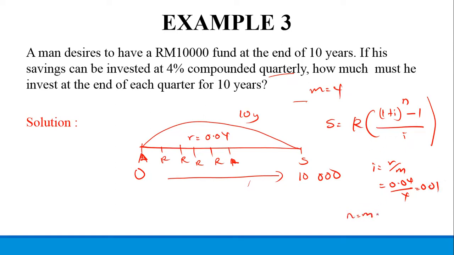N is equal to M multiplied by T, which is 4 multiplied by 10 years equal to 40.